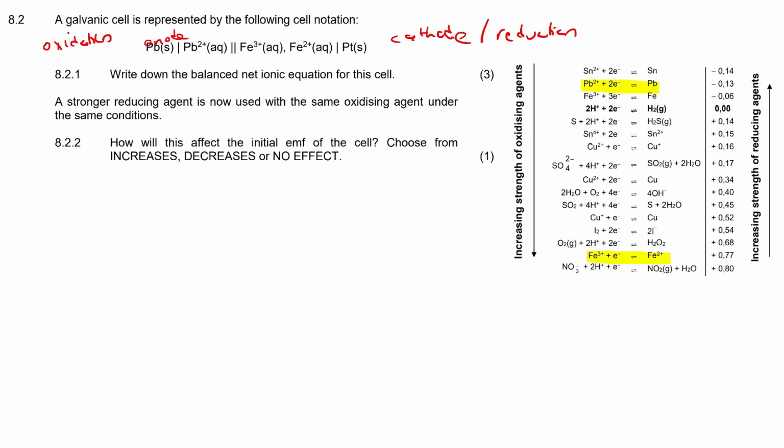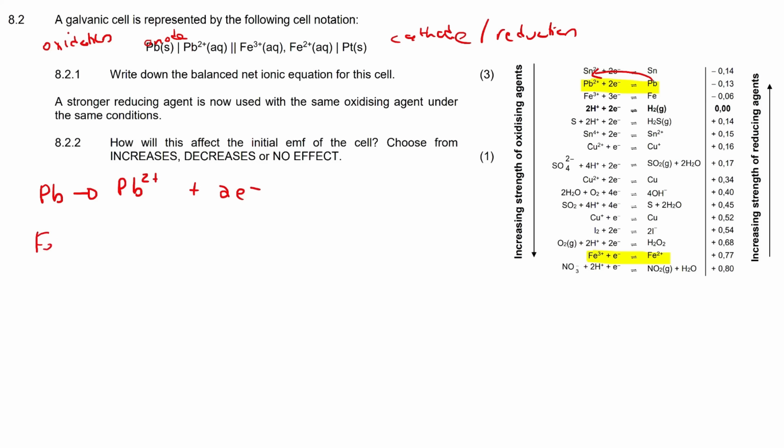Now we know that this reaction is your anode, which is oxidation. Remember, oxidation is when you write it from right to left. So that's your first reaction, Pb becoming Pb2+ plus 2 electrons. And then your Fe reaction is your cathode, which is when it's written from left to right.